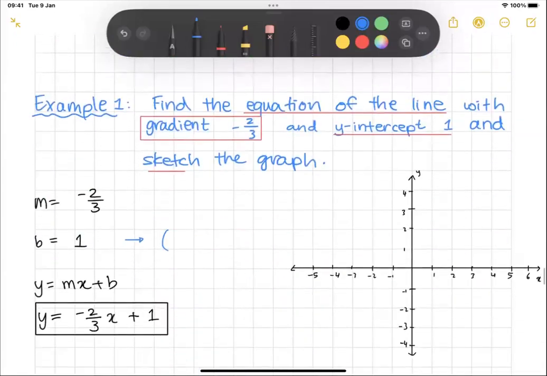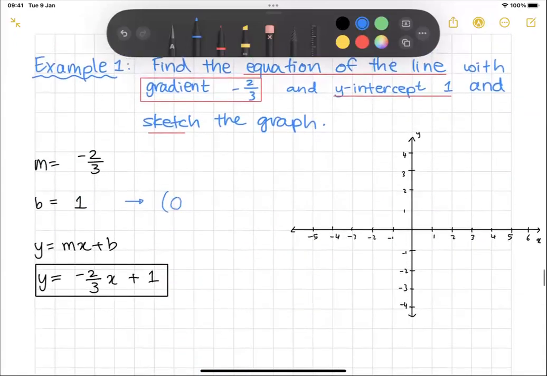So that means your x value in your coordinate needs to equal 0, comma, what is your y value? 1. That on a graph is basically this point right here. Your y-intercept, if you've noticed a pattern, it'll always be on your y-axis. Okay, so that's my first point.